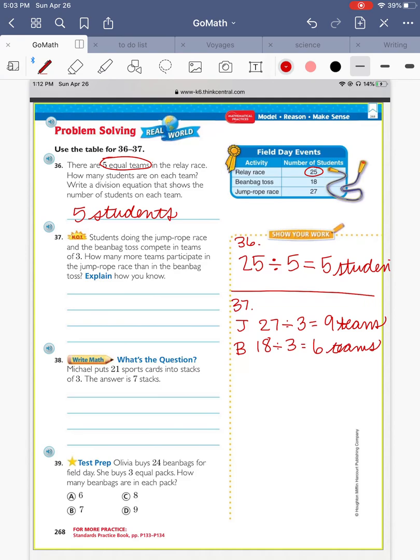So how many more? Whenever we see that, we know we have to do subtraction. So we need to subtract the 9 teams minus the 6 teams for the beanbag toss. So 9 minus 6 is 3. 3 more teams.